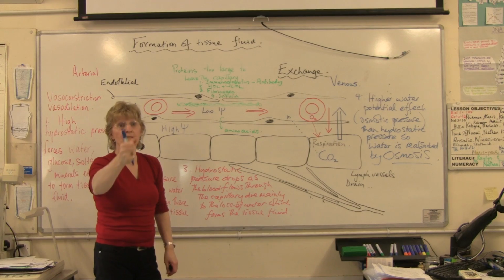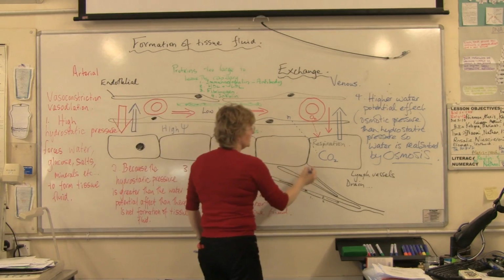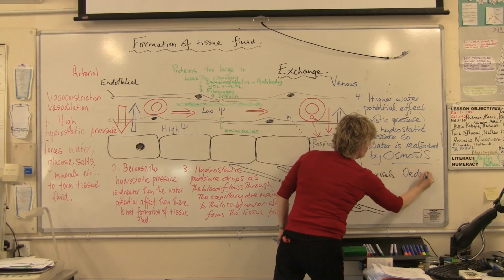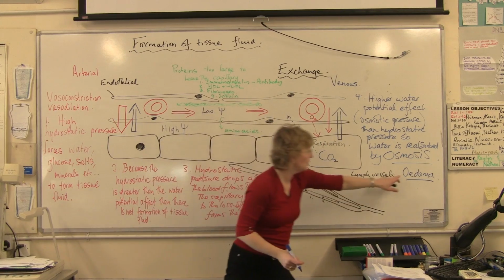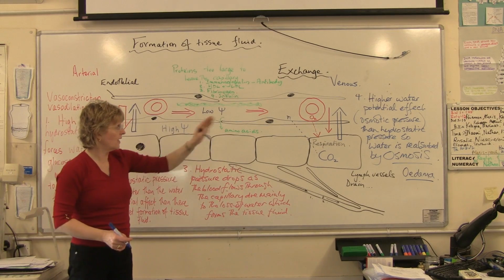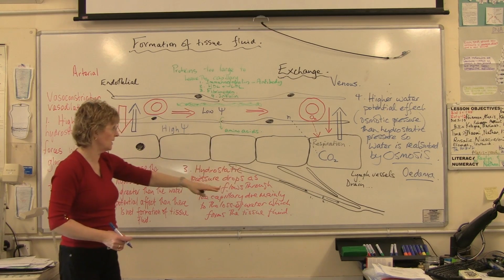Elephantiasis is a condition where you see it dramatically. Okay, we'll have a look at that in a minute. But it's called edema. Okay, so swelling of the tissues is called edema. If you look on an American website, it wouldn't have the O, it would just have the E. So excess tissue fluid gives you swelling of the tissues, which is called edema.